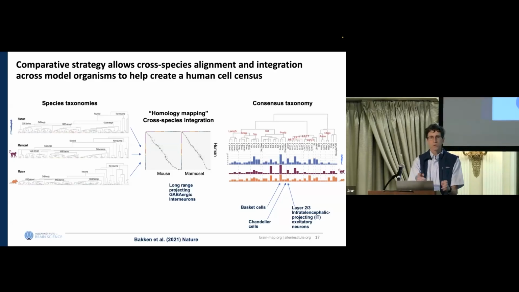And you can generalize that to map cell types to cell types. If you derive these different taxonomies using these techniques, you can map them together by finding markers of which genes are driving the classification, and then you try to align these across species, and you build consensus taxonomies.